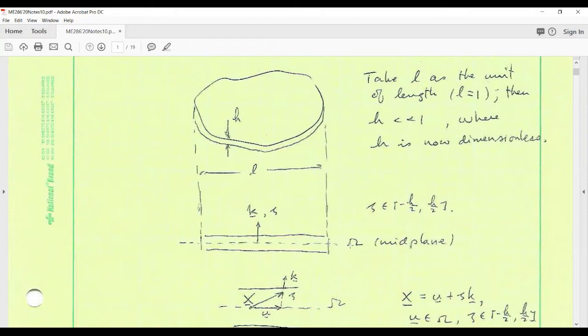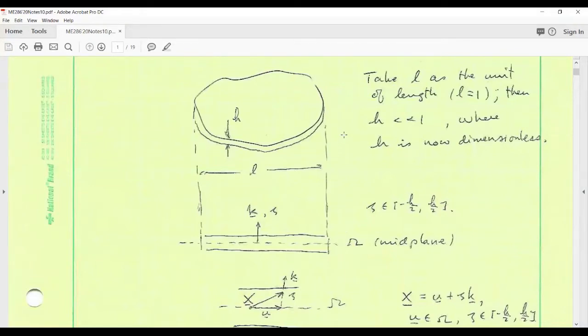Okay, so let omega be the midplane. That would be analogous, in the case of a beam, to the x-axis along the line of centroids of the beam. And ultimately, we're going to extract the theory which has this omega, this two-dimensional plane, as the domain of the problem, the computational domain.